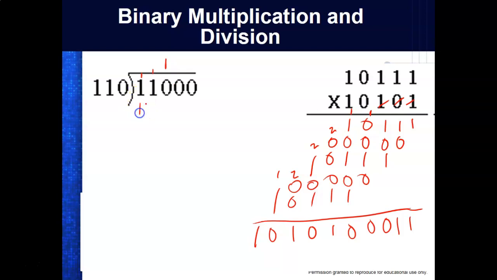So then I would write it down, 1 1 0. Then I would subtract, right? So 1 1 0, and then I would bring down a 0. How many times would that go into this? 0, right? Then I'd bring down another 0. How many times would this go into that? 0, and that would be the answer.